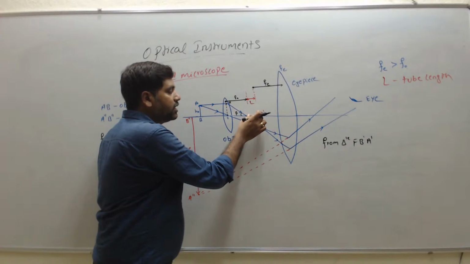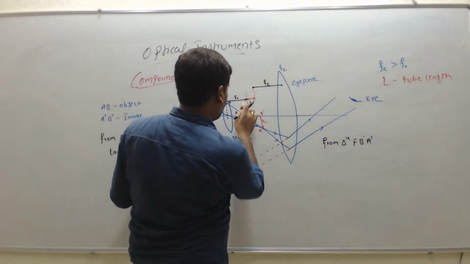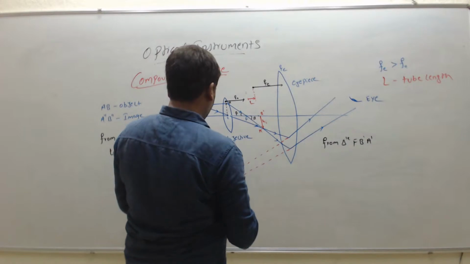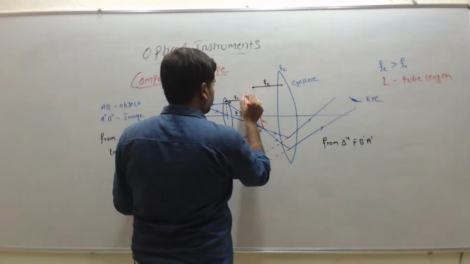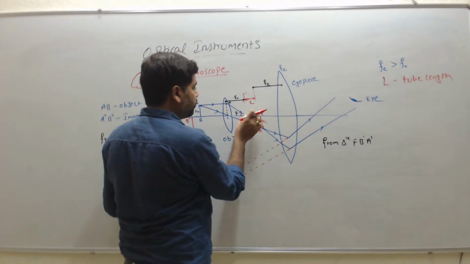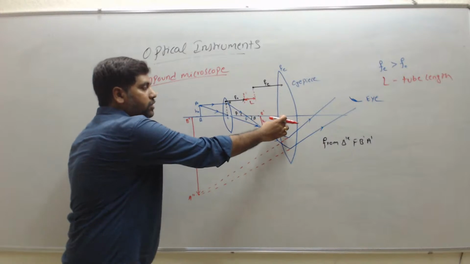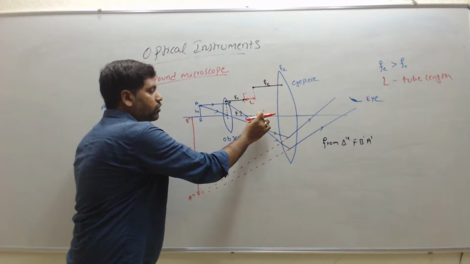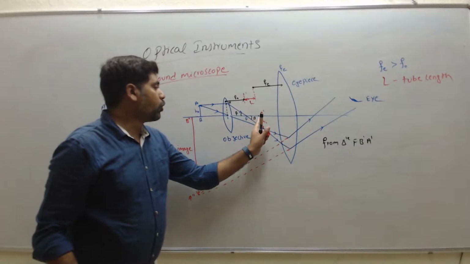That's why this length is taken as L. L is the distance between FO, that is focus of the objective, and focus of the eyepiece. So this length we call as tube length. The focus point is nearer to B dash, so approximately we take that length as L.